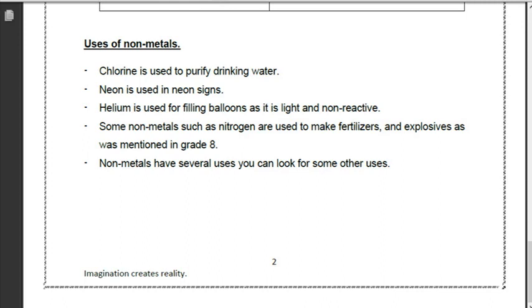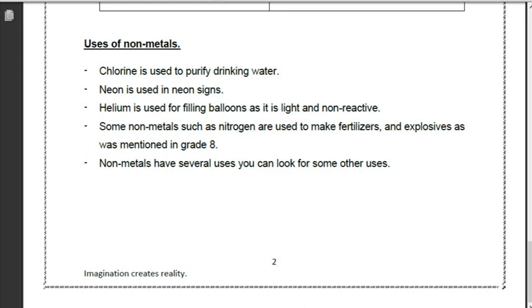Usually neon signs, if you're going to have in the evening and you want people to see the name of your company or the name of whatever store or shop that you're having, then you're going to have neon lights in there. They're very bright, and they even have different colors, so they give that nice feel in the evening. Helium, filling balloons.